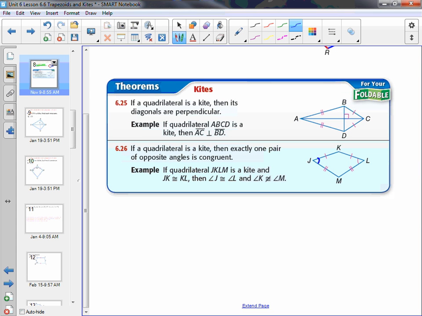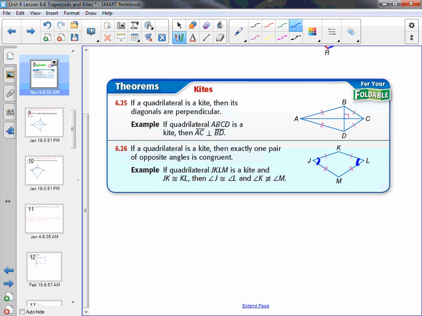See, it's this angle, which is formed by two sides that are not congruent to each other, congruent to this angle, which is formed by two sides that are not congruent to each other. Okay? So, the properties of a kite are kind of difficult to keep straight sometimes, just because there's no good, easy, simple sentence to tell you to make that. It's kind of complicated. Okay.